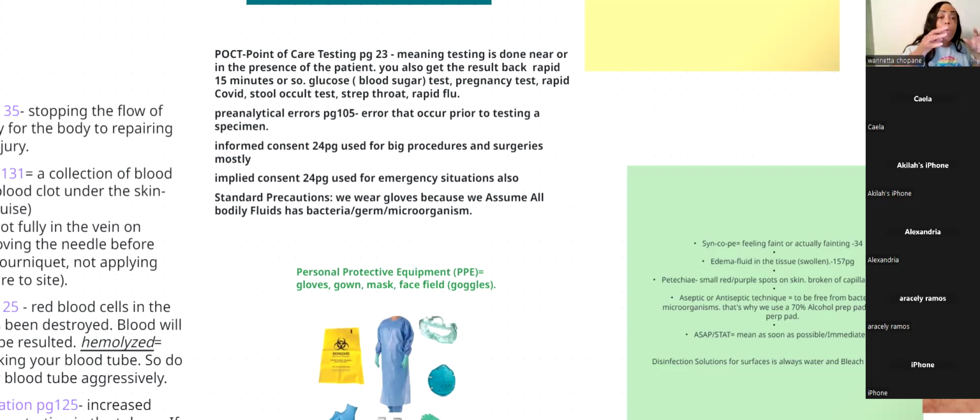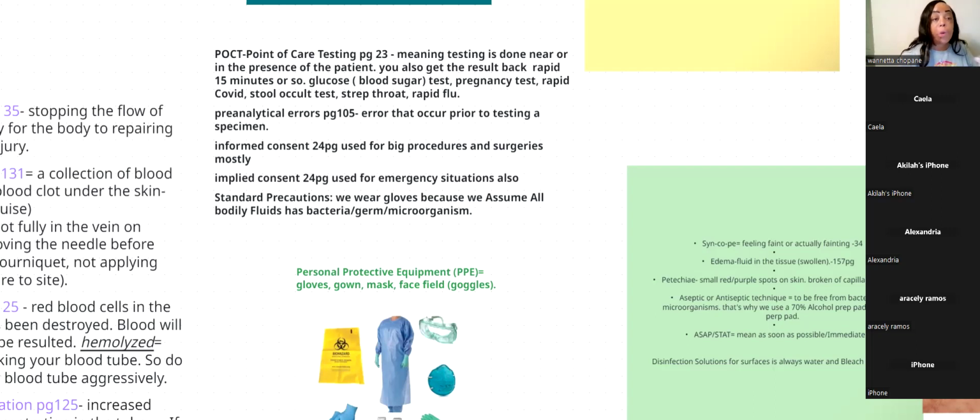Remember, a regular general consent is different from big procedures. When you checked into the ER, you signed a general consent to be treated, just general treatment, regular blood draws, medication to be administered.